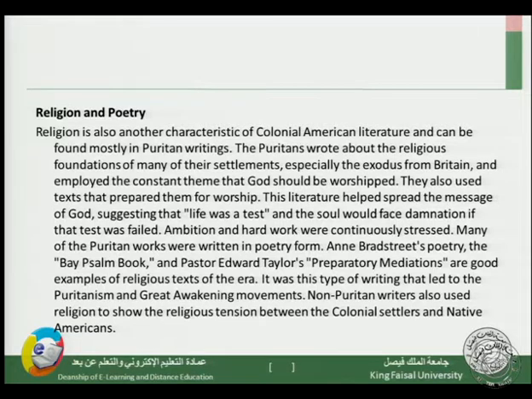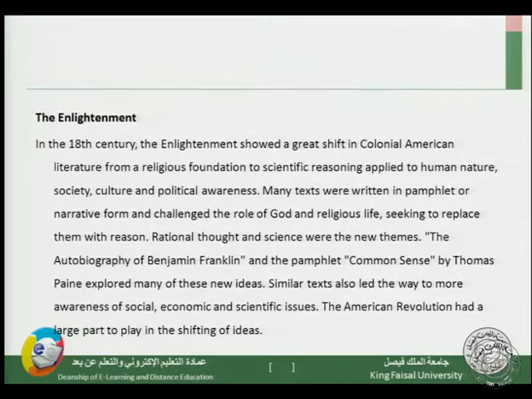Even in that period there were also non-Puritan writers. They also used religious issues to show the religious tension between the colonial settlers and Native Americans.